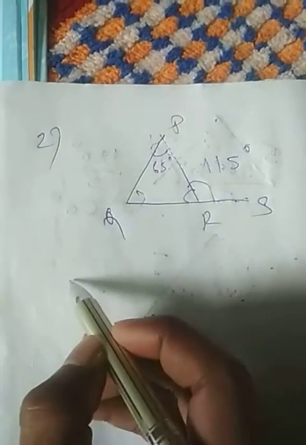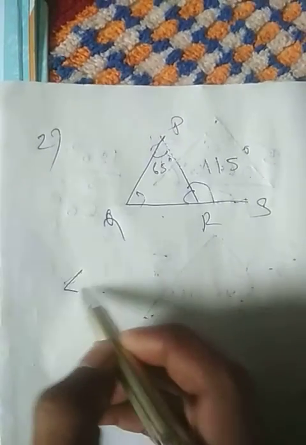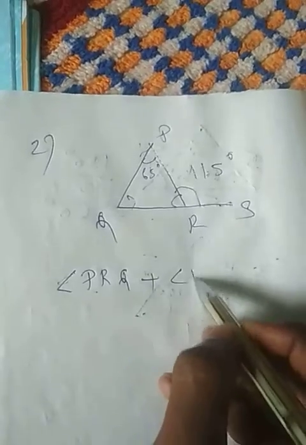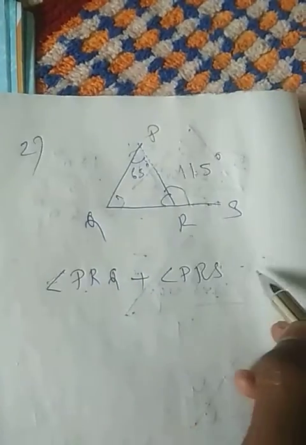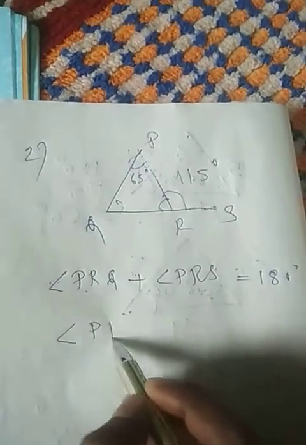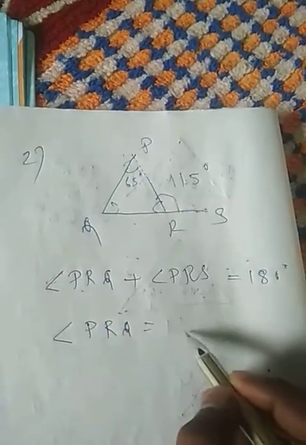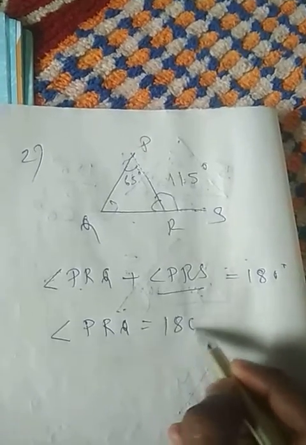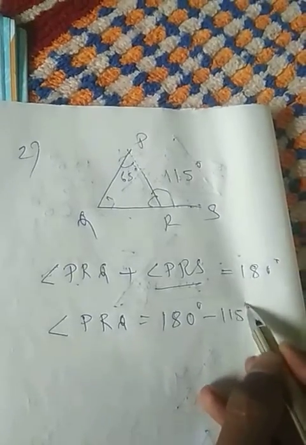And I already said that interior adjacent angle, that means PRQ plus PRS is 180. So what is PRQ? Because this is 115, we get 180 minus 115.